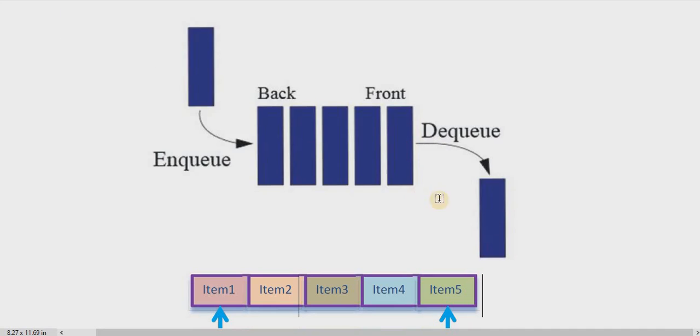Another diagram is given here. This is the back end, the front end, and this is an example of a queue. NQ means adding a new item at the back, and DQ means removing an item from the front. So these are the terms used in queues. NQ means add, DQ means delete.